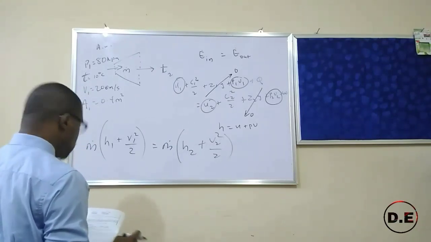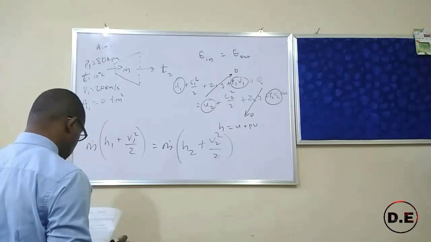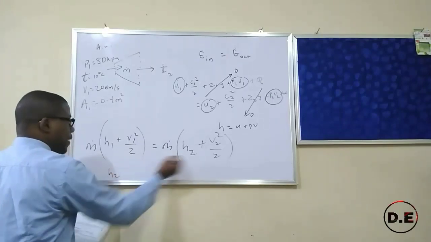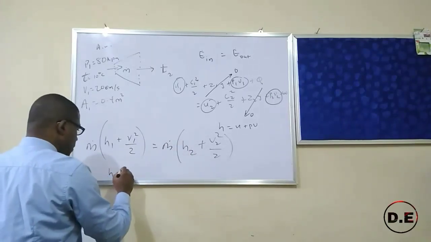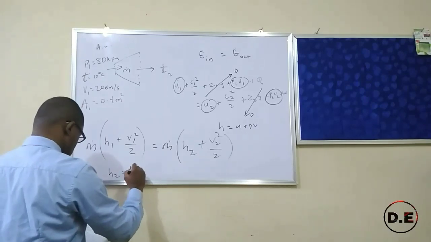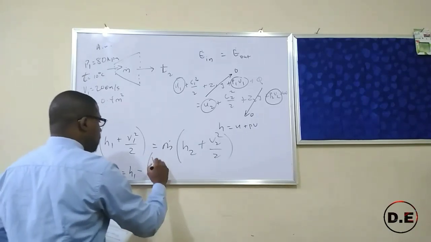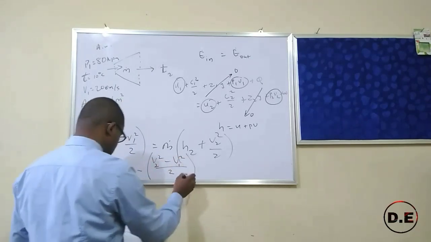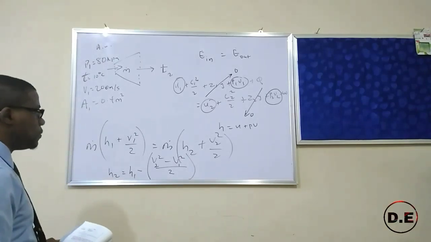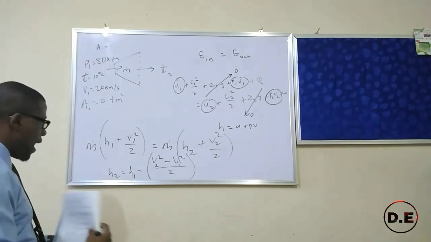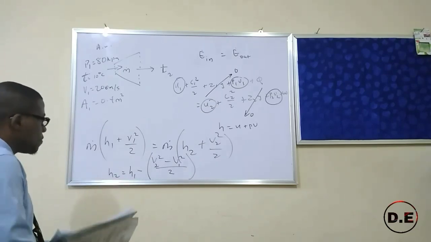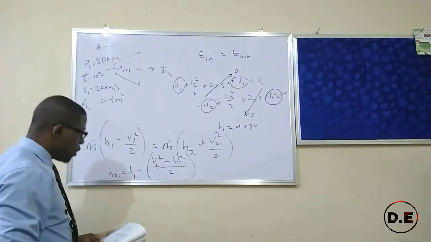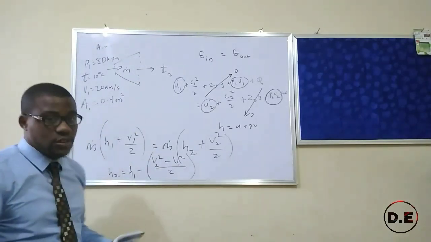Now, this will mean that if I make H2 the subject of the formula, I will have H2 is equal to H1 minus bracket open V2 squared minus V1 squared all over 2. Now, this equation has H as a variable, and we're interested in the energy at state 2. So because of that, we need to determine what is the energy at state 1.